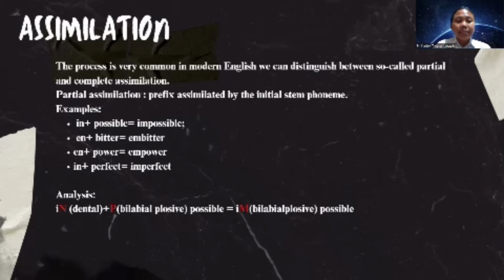You can read the analysis. In the word impossible, N is dental, while in possible P is a bilabial plosive. It becomes assimilated to M, which is bilabial, so it becomes impossible.